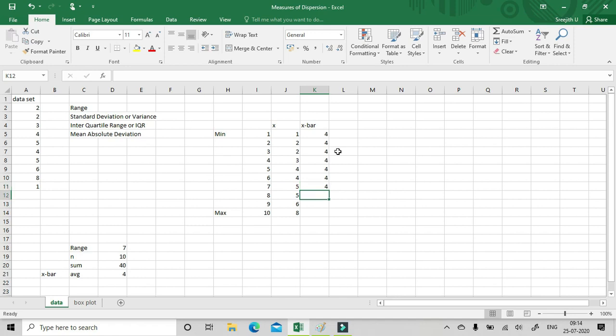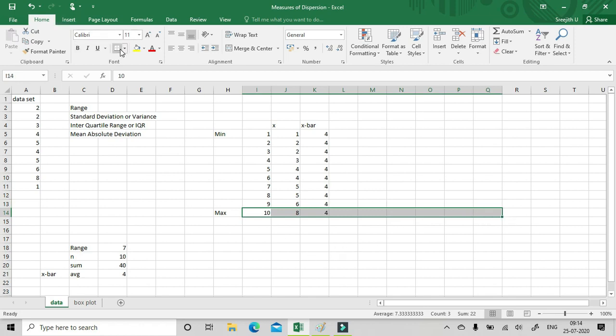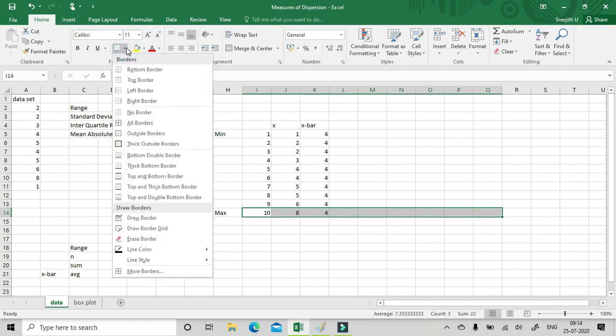Now let us also have a place here for summing up to find the sigma.